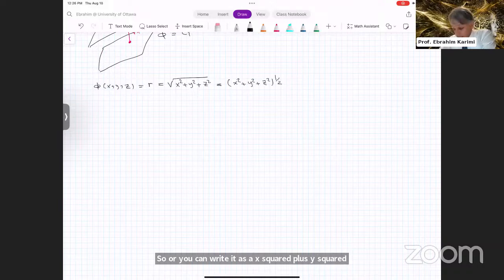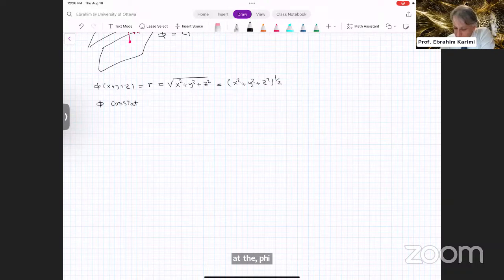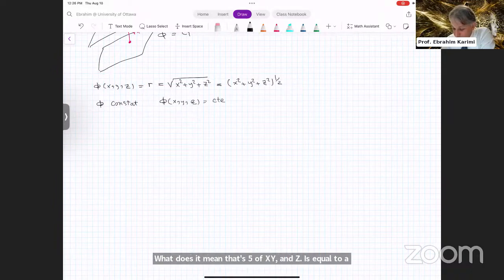Now, if you look at phi constant, what does it mean? That phi of x, y, and z is equal to a constant, which means that r is equal to a constant c.